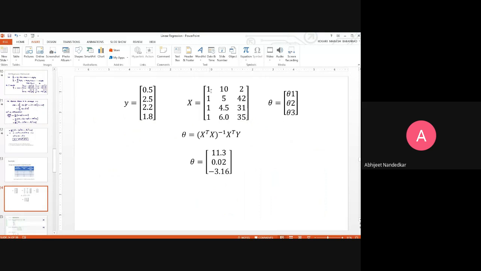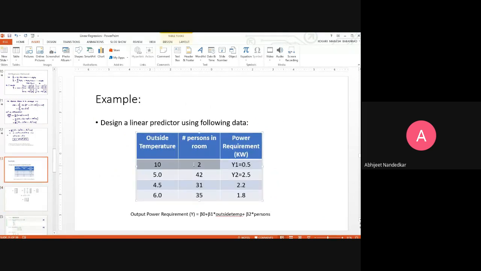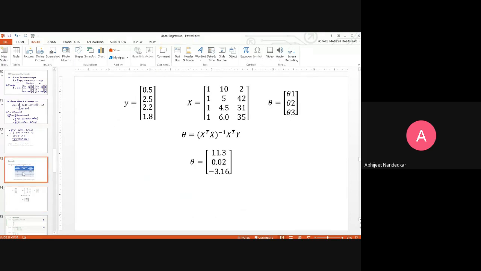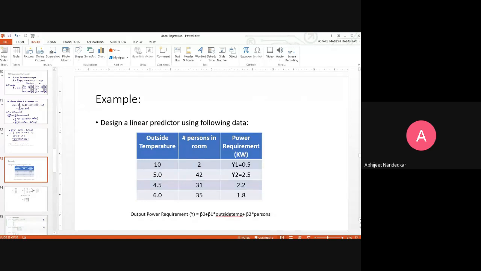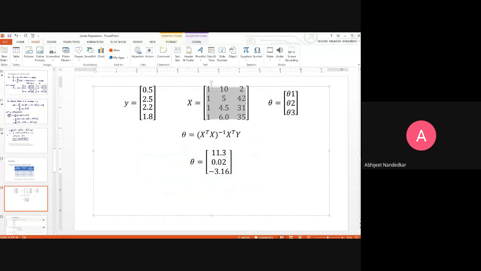So this 1, 10, 2 is nothing but my data. So this first row I am writing here as 10, 2. Then I write second row 5 and 4, 2 as 5, 4, 2 here. Then third row and fourth row. So like that I can keep on doing for number of samples.